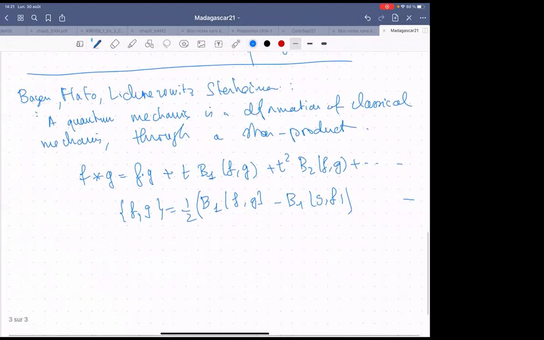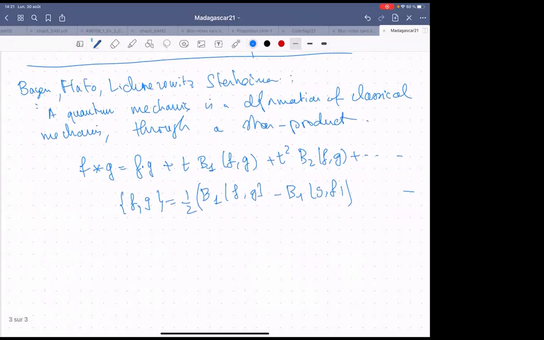And maybe very quickly, the other motivation, motivation 2, is so-called quantum groups. In fact, we have the concept of group, which plays an important role in mathematics and physics.